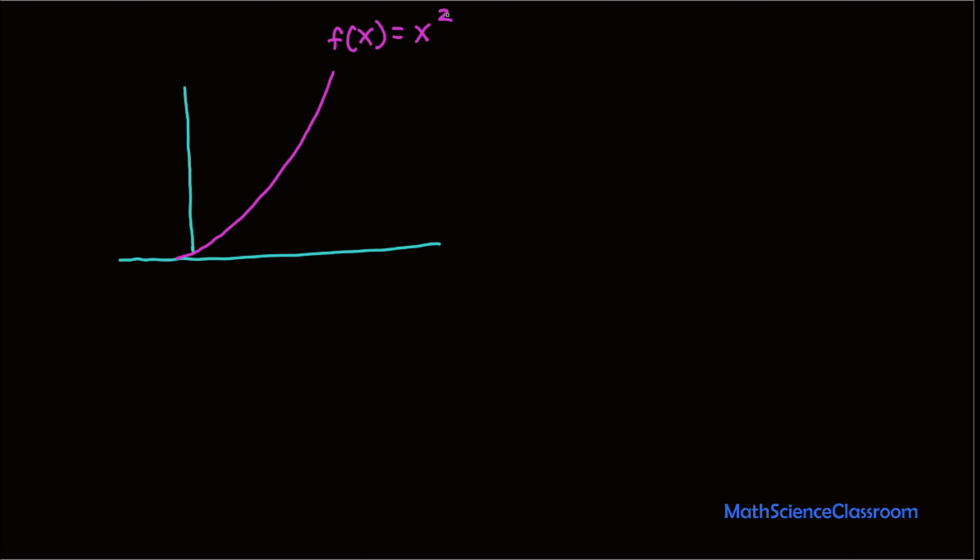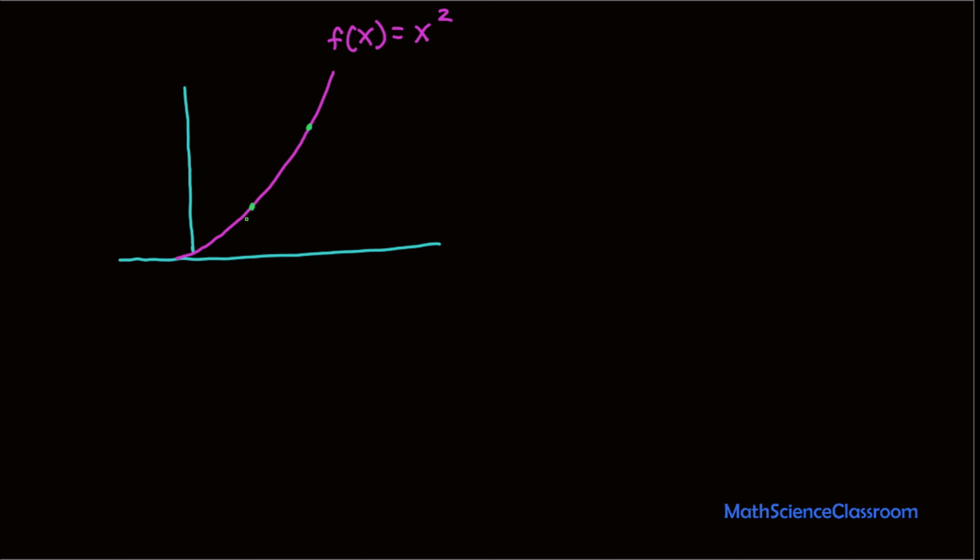So usually we would call this f of x equals x squared. So let's describe the slope of this line. Let's think about how we can do that. We will just pick 2 points arbitrarily.